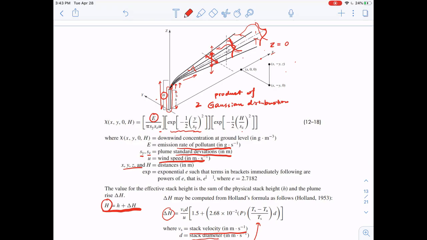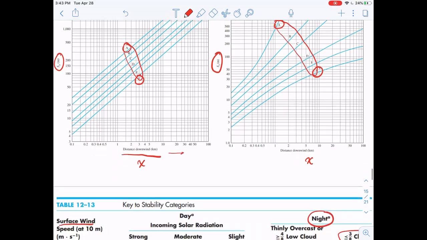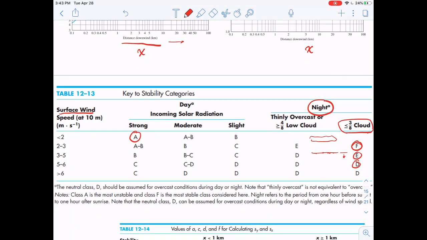First we need to know what the atmospheric stability is, right? So we have to refer to this table, right? Let's say we decide that the stability corresponds to the C condition. So basically, we'll first know whether that's daytime or nighttime.